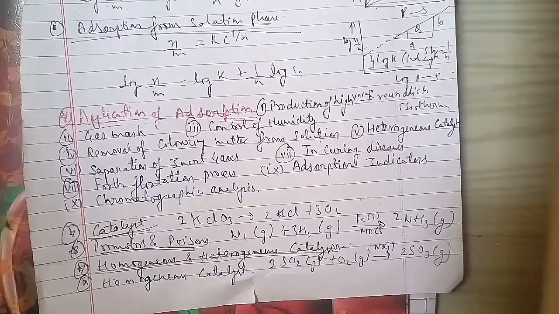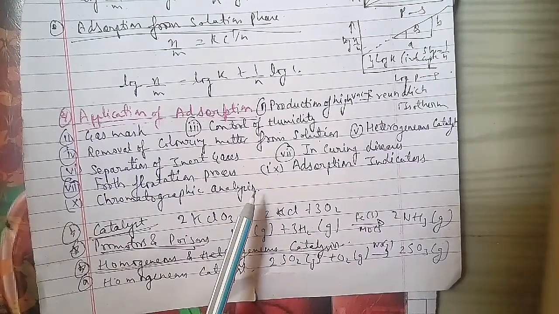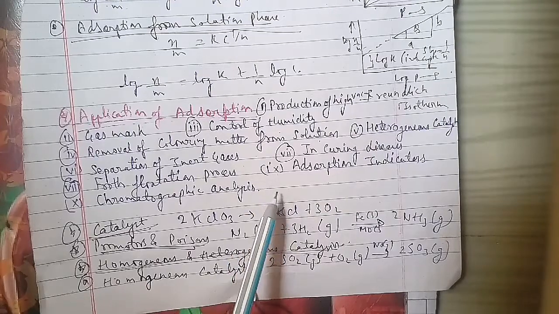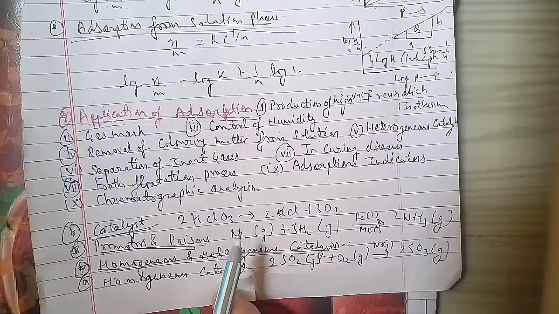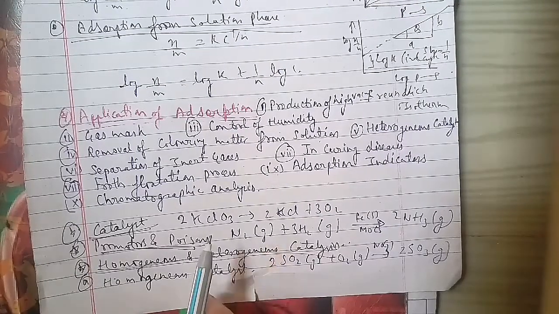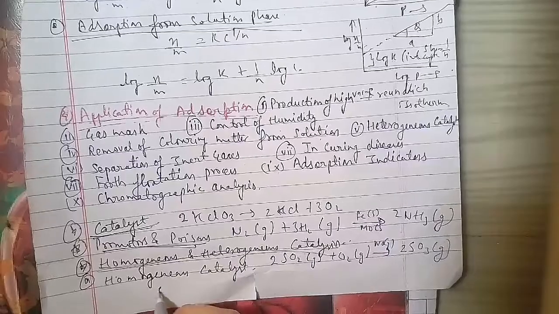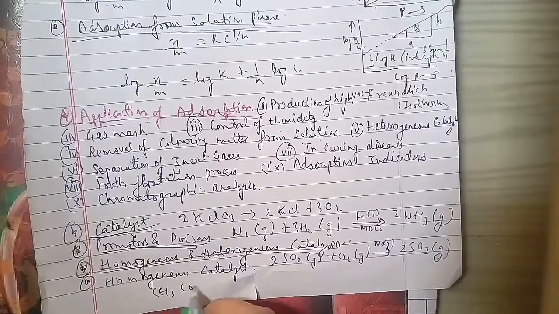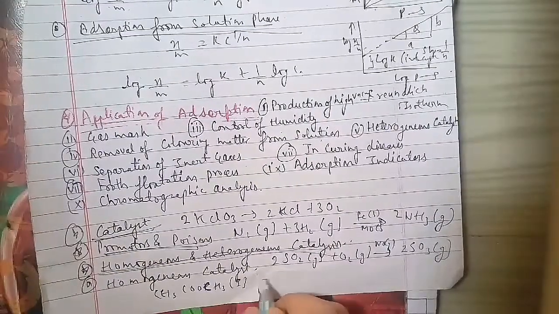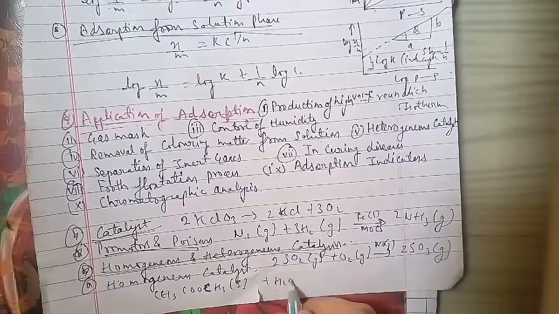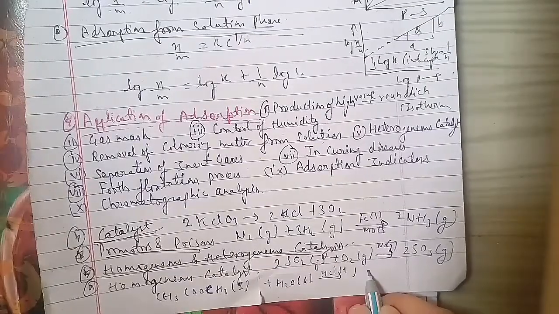Now another one is the hydrolysis of sugar, which is catalyzed by H+ ions furnished by sulfuric acid. The equation is C12H22O11 aqueous plus H2O liquid, in the presence of H2SO4, gives C6H12O6 aqueous plus C6H12O6 aqueous.